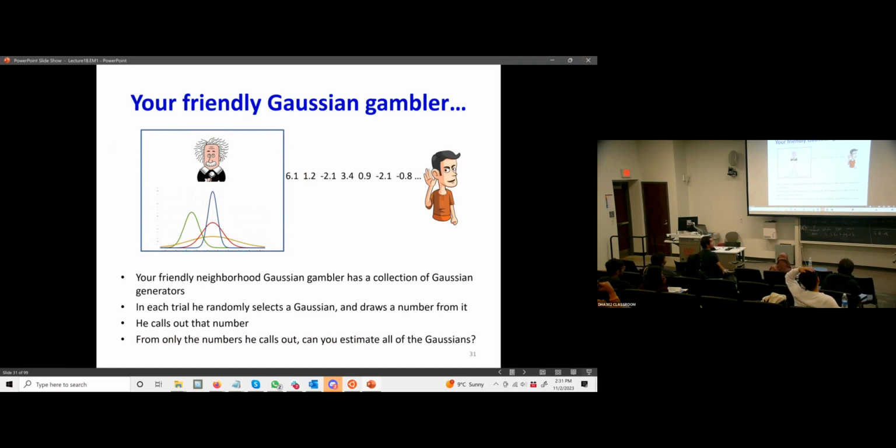Based on this collection of numbers, how do you know the probability distributions, the parameters of the individual Gaussians? We know that you can't mix Gaussians and separate them using ICA, right? Gaussians are the one case where they won't work.